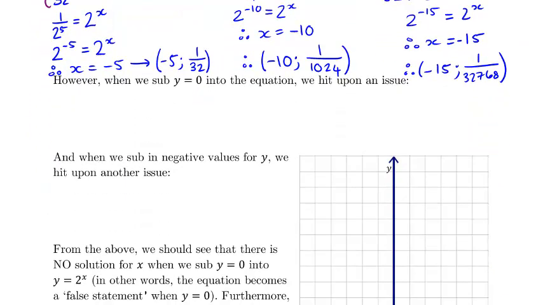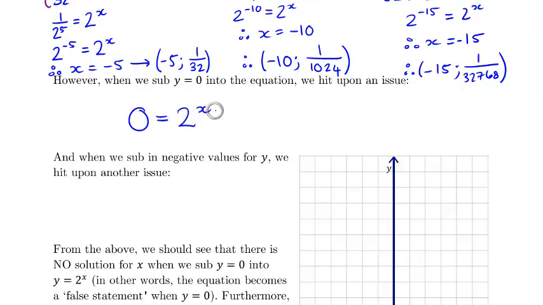when we sub in y equals 0 into the equation, we hit upon an issue. Okay, so when we sub in y equals 0, we will get 0 is equal to 2 to the x. And at this point, guys, I'm here to tell you that there is simply no value for x that will make 2 to that value equal 0.